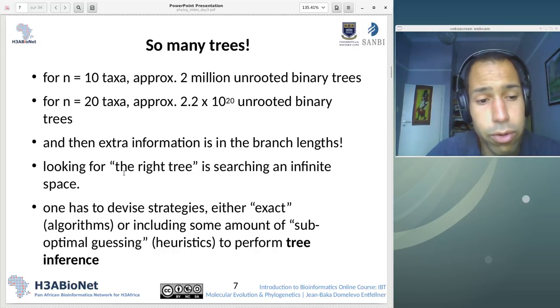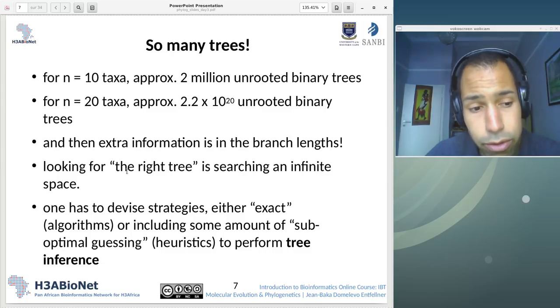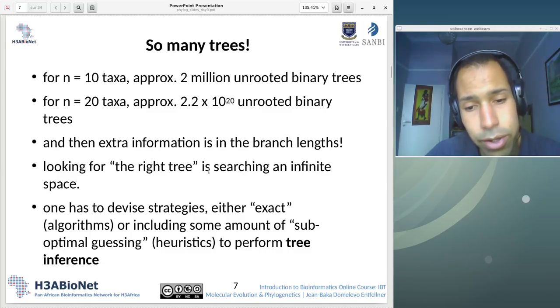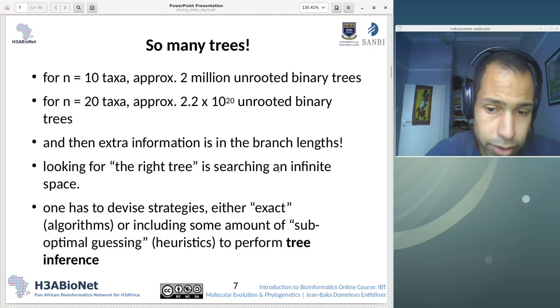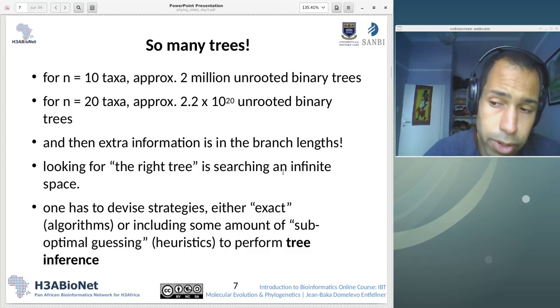So looking for the right tree is searching a very large space. It's already very large, but not infinite, when you consider only the tree topologies.